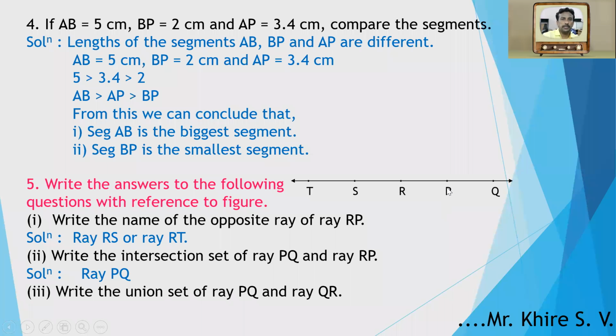Sorry, it is point P. Point P is the intersection of these two rays. Write the union of ray PQ and ray QR. The union of PQ and QR is ray QR.